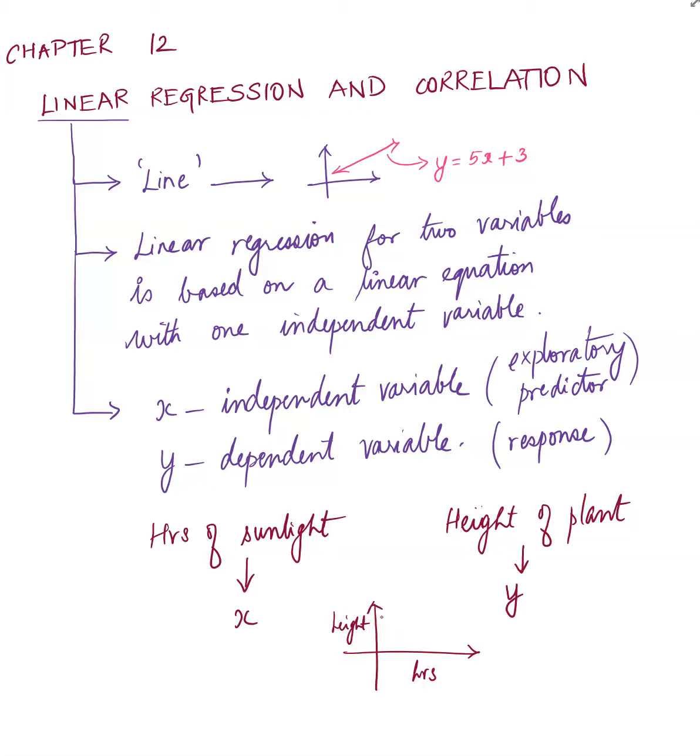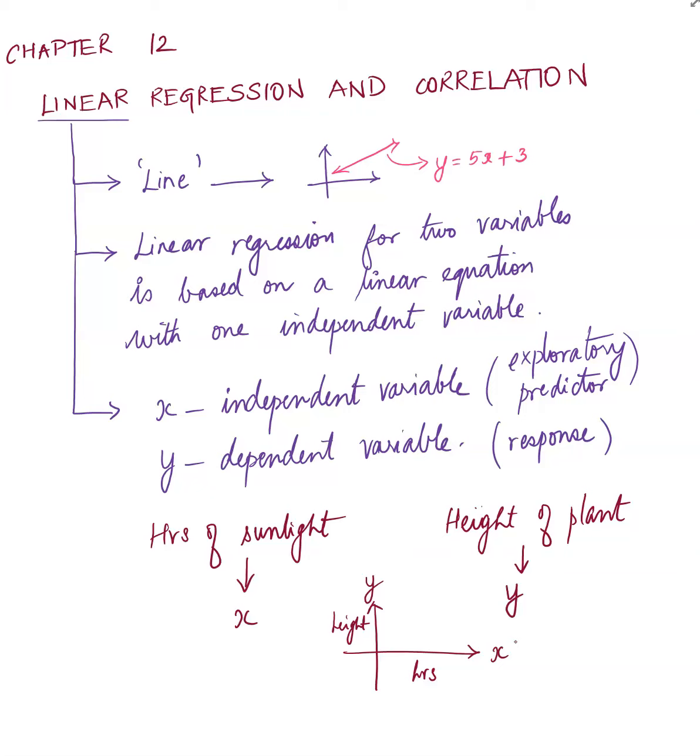And therefore, when I draw the line, it makes sense because my height will now be the y and my hours will now be the x. So if I plug in x as, say, 3 hours, I'll get a corresponding y as the height. Now, instead of hours of sunlight, say it was days of sunlight, then days would go on the x.